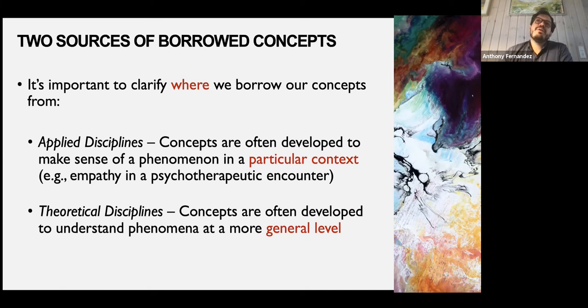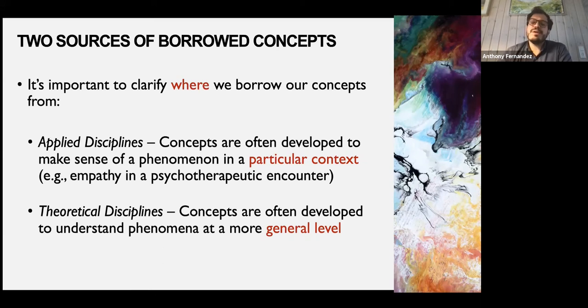But if we think about the way that concepts are developed within more theoretical disciplines, and here I'm thinking of things like psychology, or at least fields of psychology that aren't necessarily applied. So for theoretical psychology, for instance, the cognitive and neurosciences. We can also think about certain fields of physics, theoretical physics.